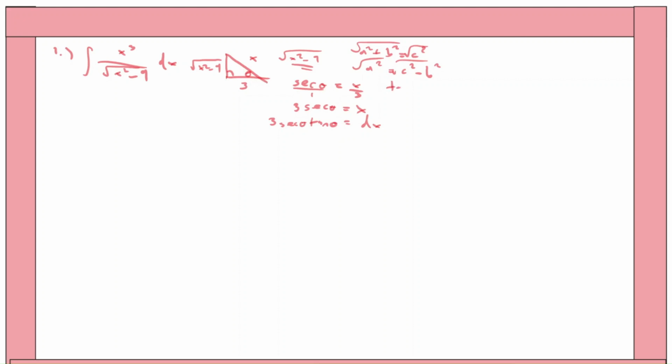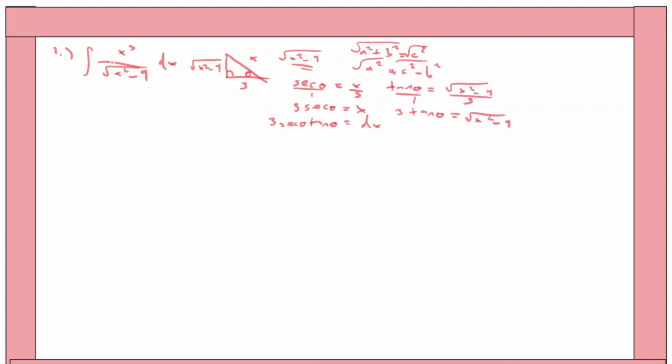So we would say that tangent of theta is equal to the opposite side, the root of x squared minus 9, over the adjacent side, which is 3. And then if we cross multiply just like before, then it's 3 tangent of theta equals the root of x squared minus 9.